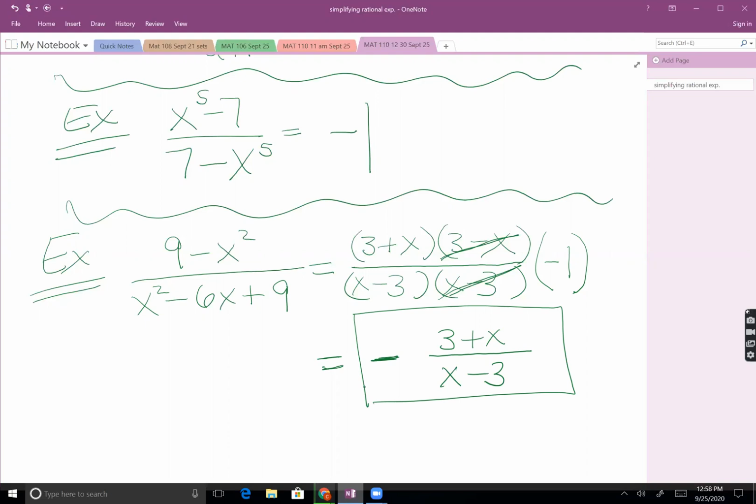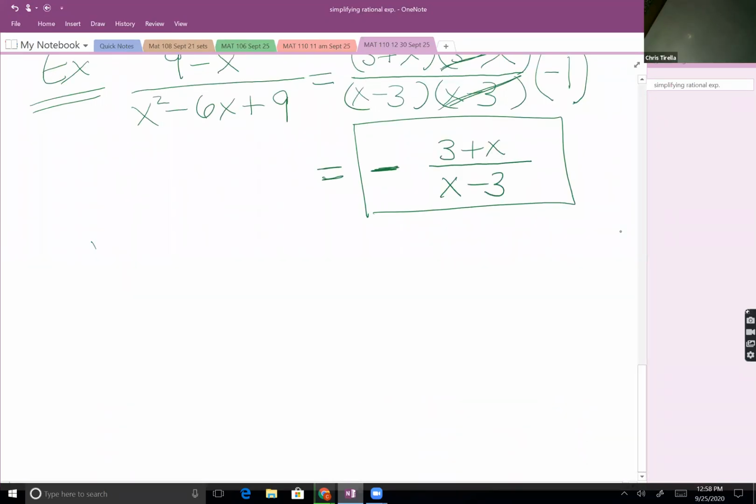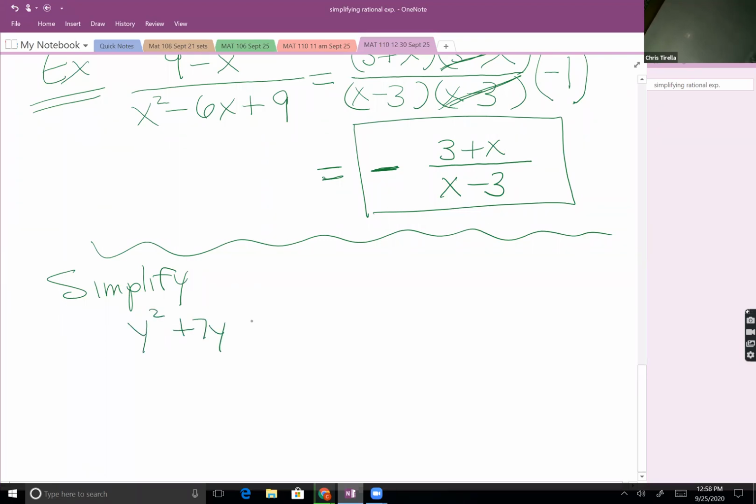Then we'll look at one more to simplify. Let's look at y squared plus 7y minus 18 over y squared minus 3y plus 2.